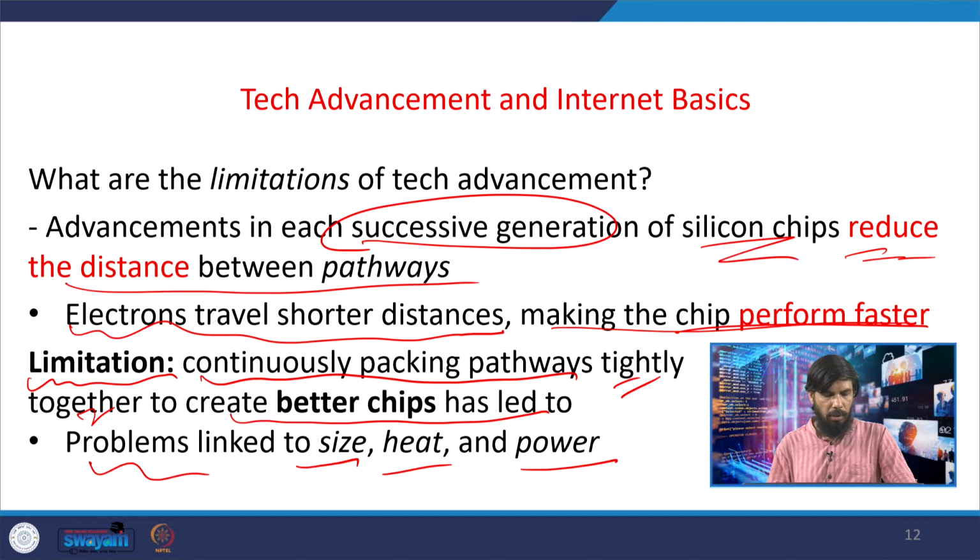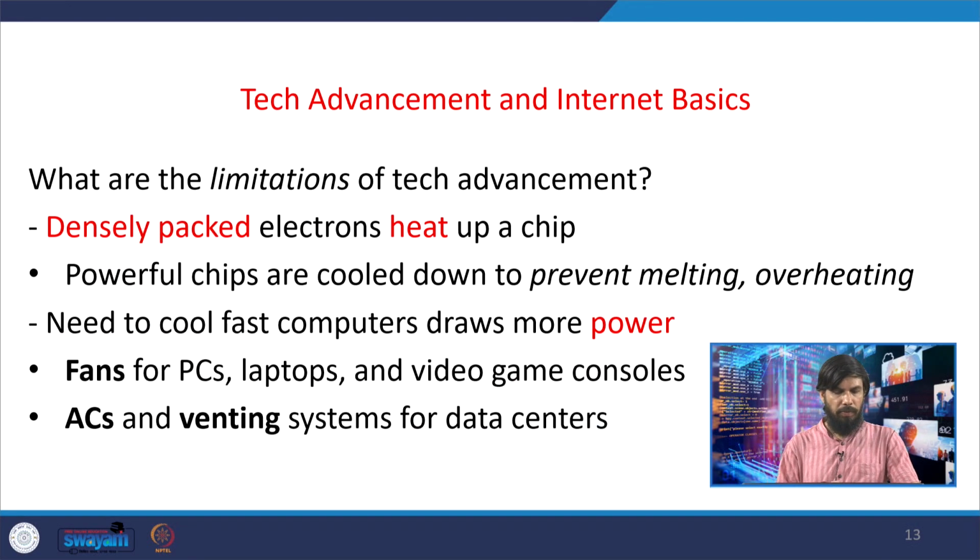Size limitations will kick in, there will be more heat, and to manage that heat you will need to cool it down. Therefore, more power. Let us look at some of these factors.